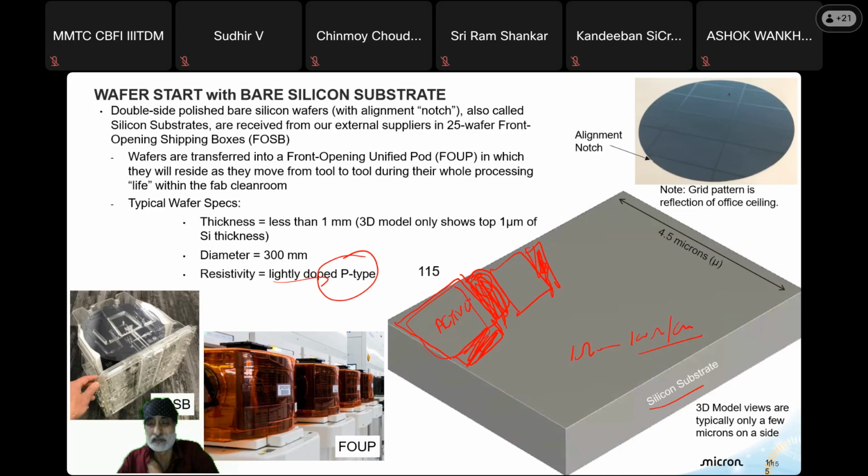For CMOS, like processors and memories, it is 1 ohm to some 100 ohm centimeter, and the process engineer decides these specifications.